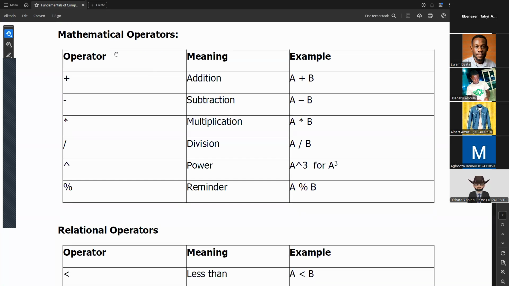The first of which we have here, Elisha, please don't write on the screen. Kindly undo what you just did. Elisha, undo it.